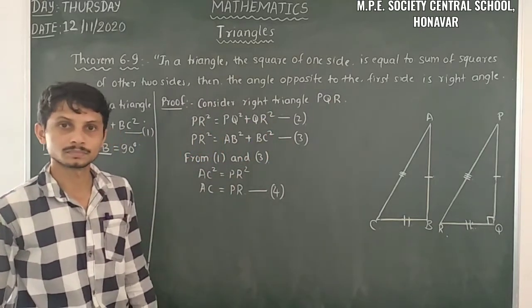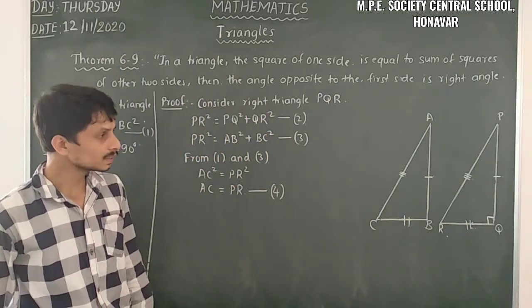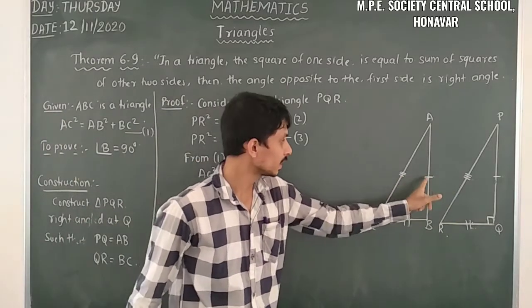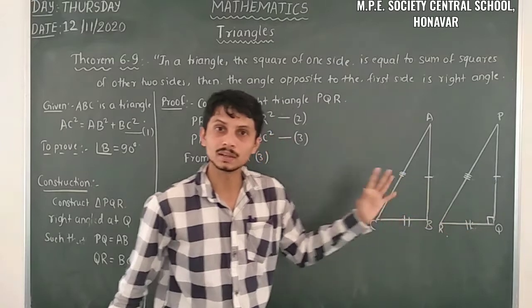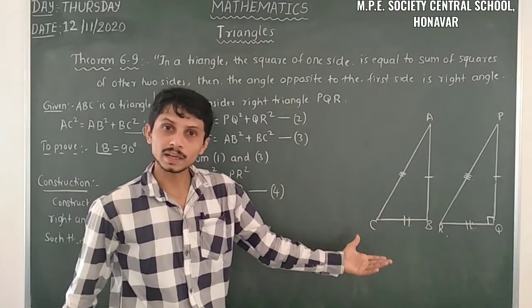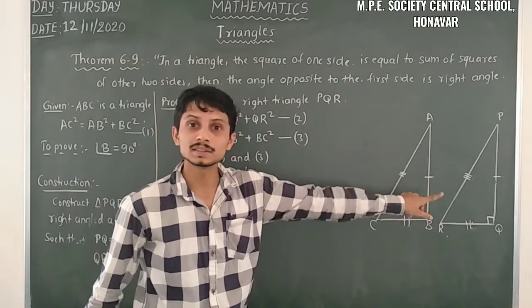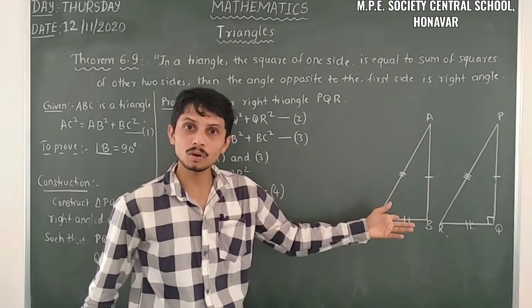Here, this side is equal to this side, this side is equal to this side, and this side is equal to this side. So we can take the SSS congruence rule, and from it those two triangles are congruent.